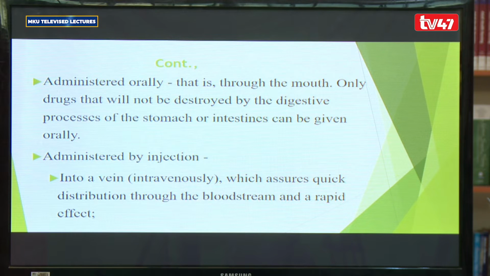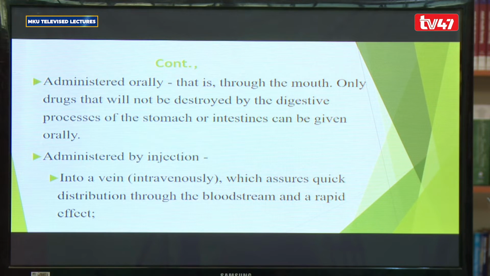Drugs can be administered orally through the mouth. Only drugs that will not be destroyed by the digestive process of the stomach or intestine can be given orally. So some drugs can be administered orally, so long as they cannot be destroyed or deactivated by the GIT.